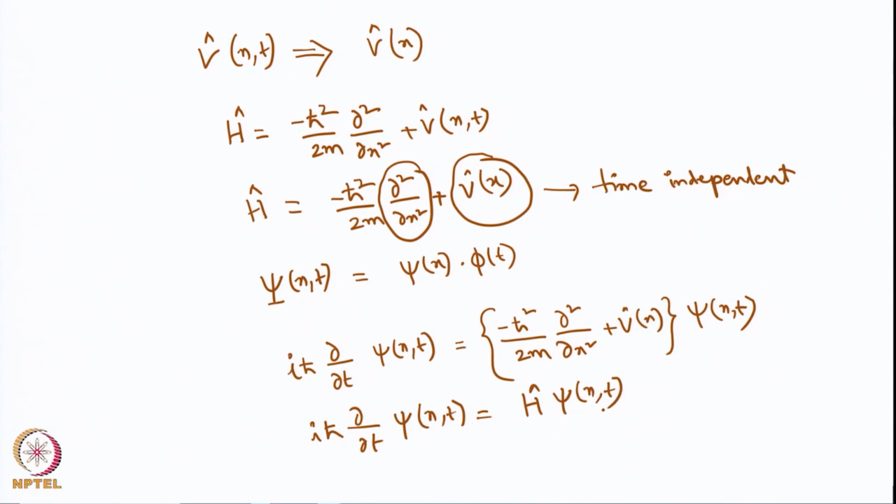But your psi of x comma t is now a product of psi of x into phi of t. So, the Schrodinger equation now becomes i h bar d by dt of psi of x into phi of t is equal to H times psi of x phi of t.